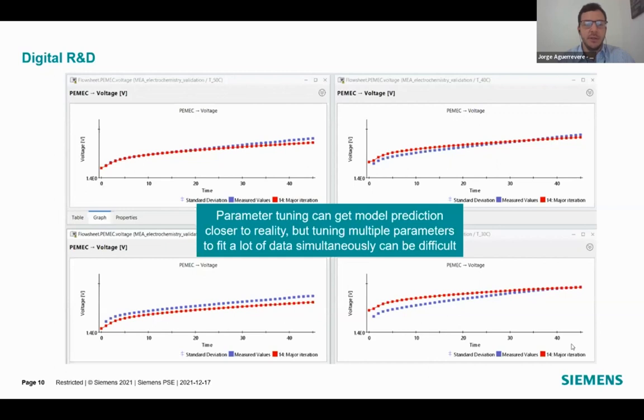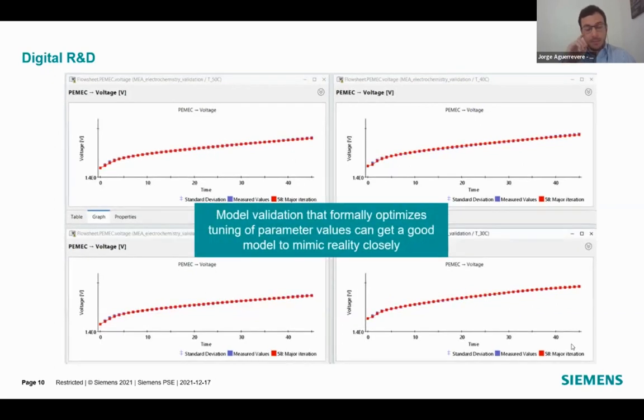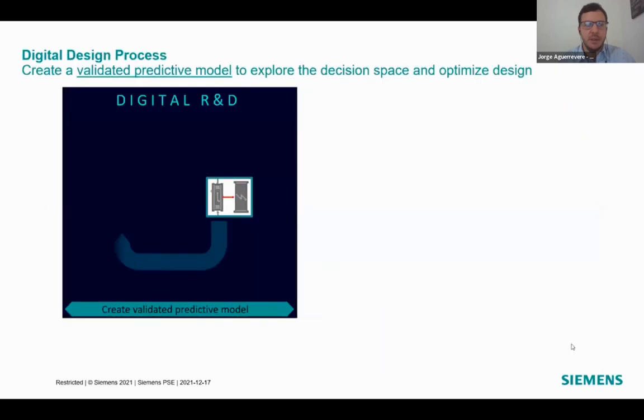But often when you're looking at performance over a wide range of temperatures, loads, pressures, it's very difficult to tune parameters to match all of the different operating regimes. But we do essentially have an optimizer that allows the model to select the optimal values of these parameters so that the model can start predicting really what happens.